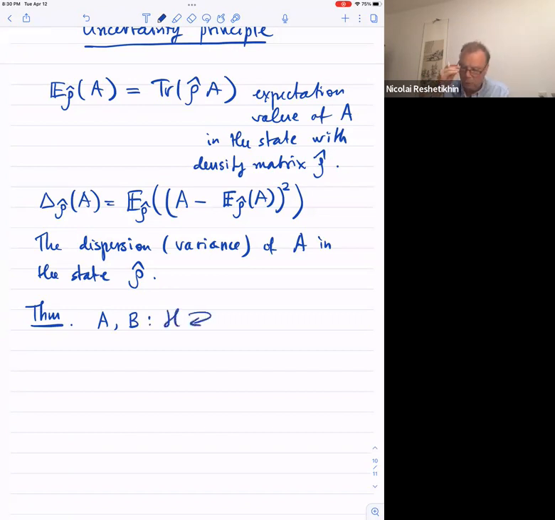So suppose we have two observables A and B, such that all these expectation values are fine, so that everything is defined. Then delta rho hat A squared times delta rho hat B squared is greater or equal than 1/4.